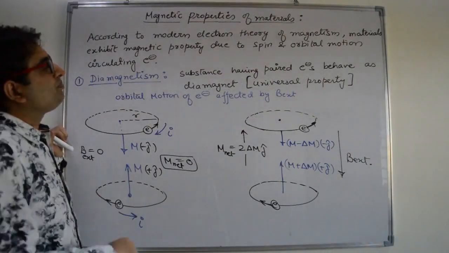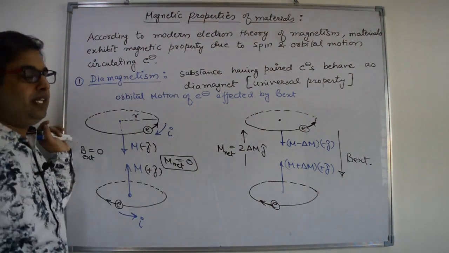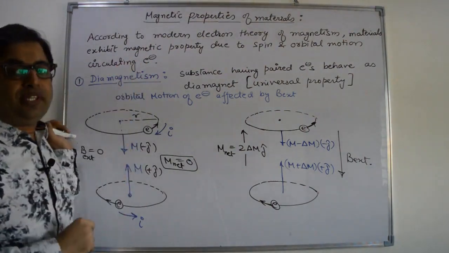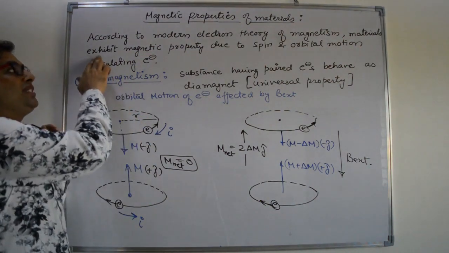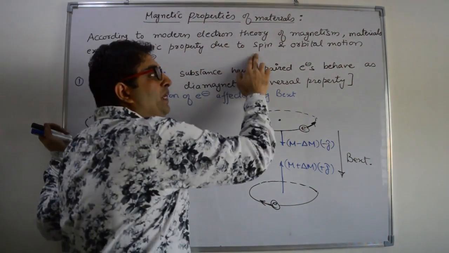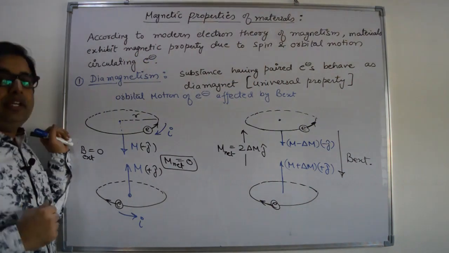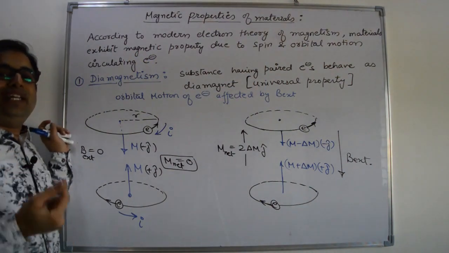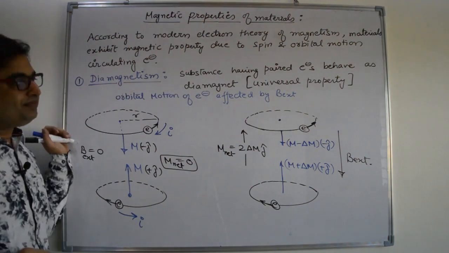Next topic. Magnetic properties of materials. According to the modern electron theory of magnetism, materials exhibit magnetic property due to spin or orbital motion of their rotating electrons. Here the circulating electrons create magnetic property, right?